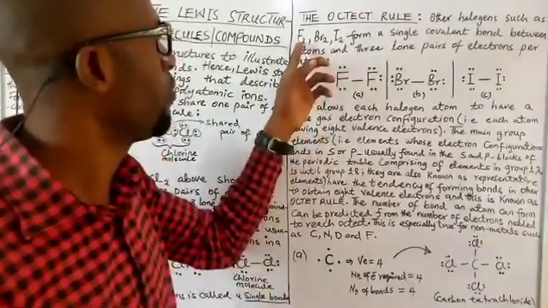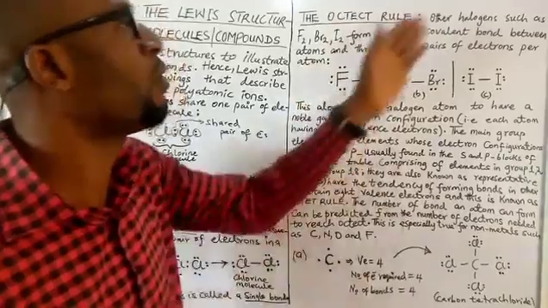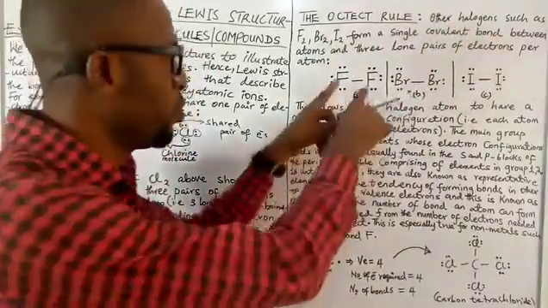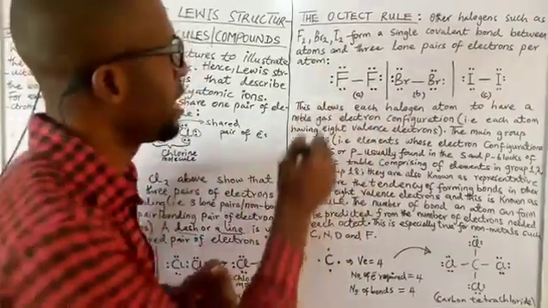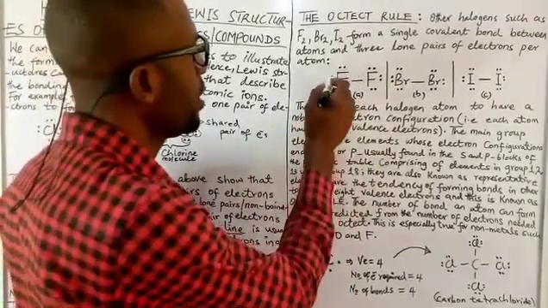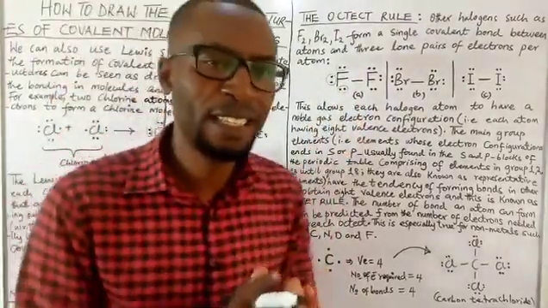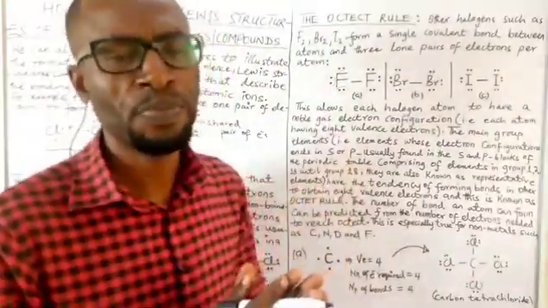Examples are fluorine gas, bromine gas, iodine gas. All of these will form a single covalent bond between themselves, okay? At the end of the day, they are going to have 3 lone pairs of electrons left in each of the atoms in the molecule.